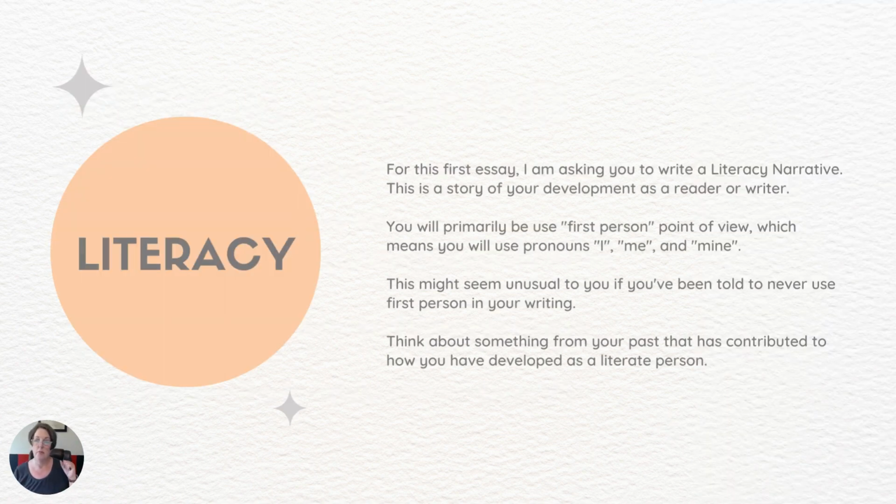I do want to take a moment just to talk about literacy here so that you understand what I mean about literacy. For this first essay, which is the literacy narrative, it's a story of your development as a reader and a writer, right? So you'll primarily be using first person point of view, which means you will use pronouns I, me, and mine.